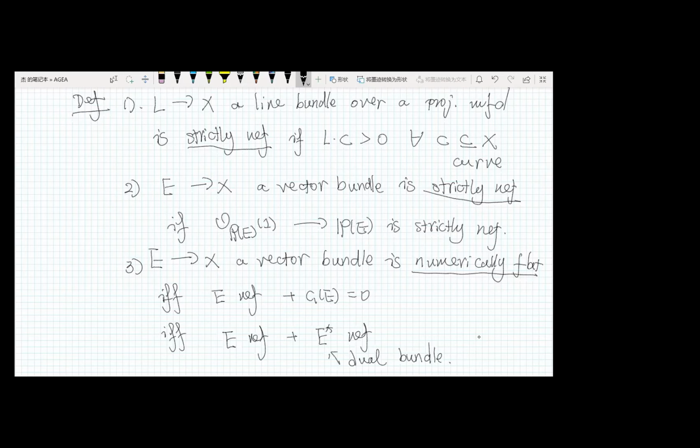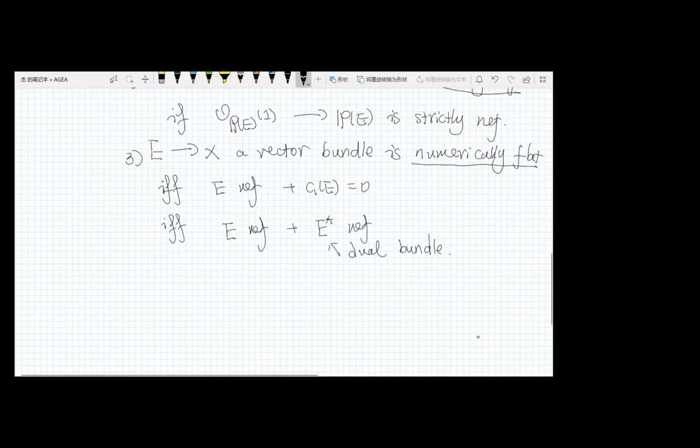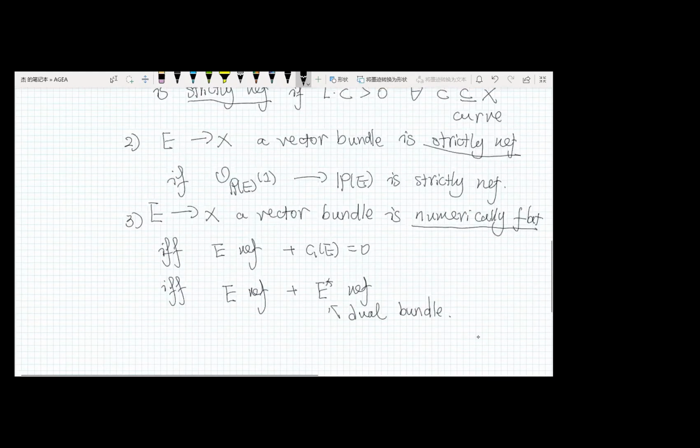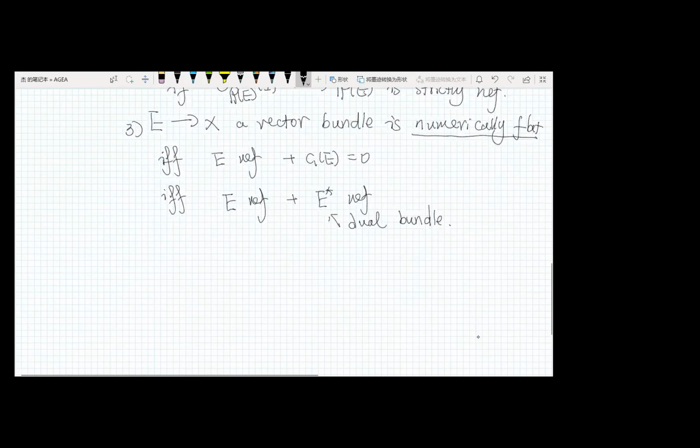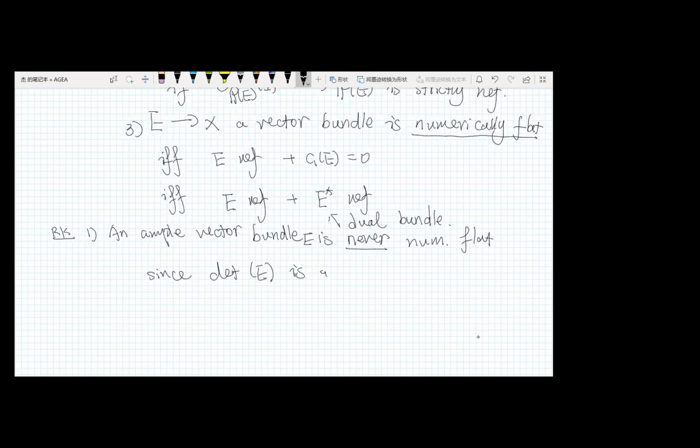In fact, strictly nef is a very strange notion, because we can compare it with the ample vector bundle. It is very easy to say that an ample vector bundle is never numerically flat, since its determinant is always ample.